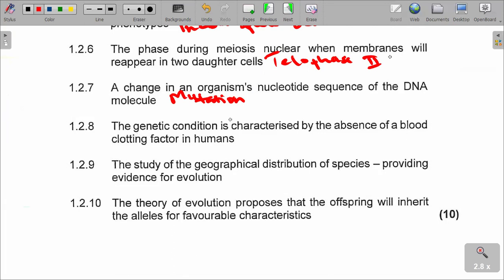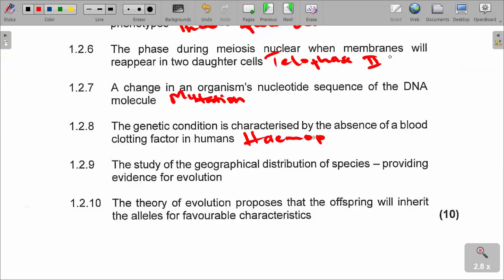And the genetic condition characterized by the absence of blood clotting factor in humans. I'm sure we've been talking about the haemophilia condition, which is quite common, also referring to the Bible, the woman who had a flow of blood.